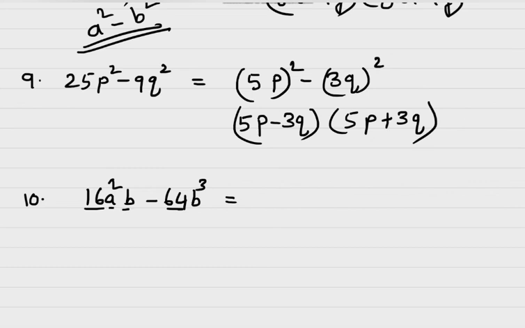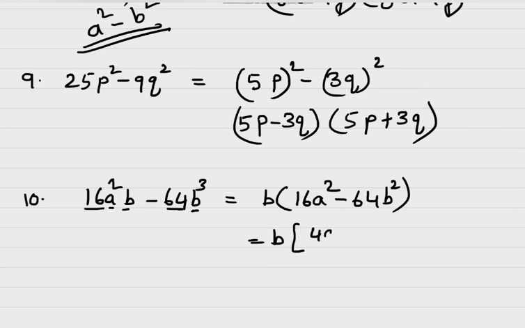Now a square b is extra, and see b cube, here also one b is extra because we want only square terms in our first and second terms. So see, if you take out b common, you will be left with 16a square as first term minus 64b square as your second term. Now take out b common, you will have 4a whole square minus 8b whole square.